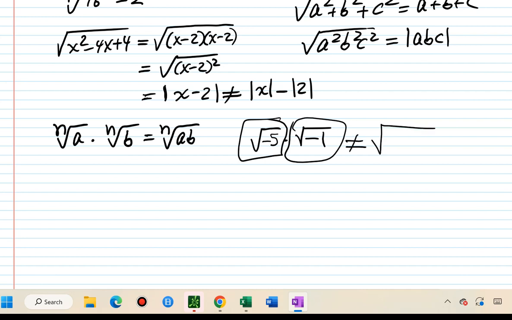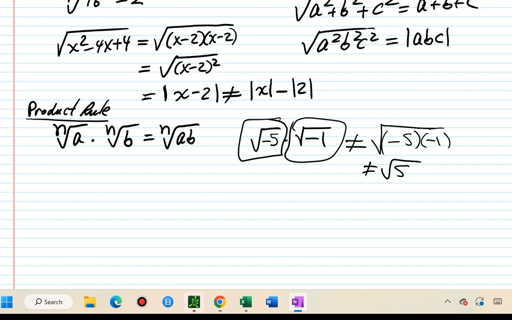I cannot say that's the square root of negative 5 times negative 1, and the answer is not going to be 5. So for the nth root of a and the nth root of b, at least one of them has to be real. If that is the case, then we can use this, which is called the product rule of radicals.